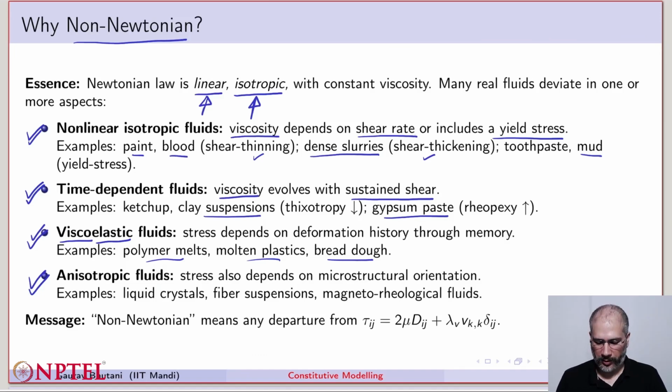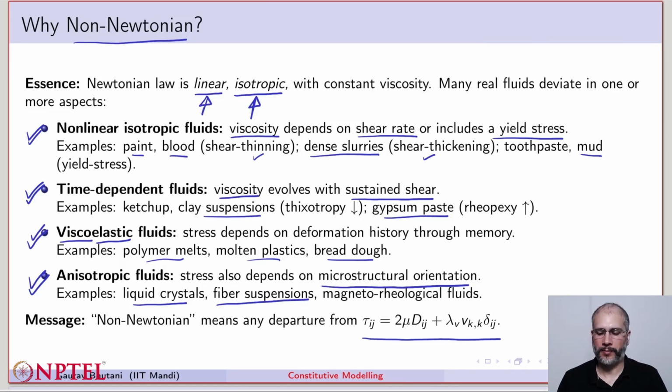However, there are some fluids which may include liquid crystals or fibers suspended in a fluid continuum. These fluids have a microstructure orientation, and that results in a directional preference or anisotropy in the viscosity of the fluid.